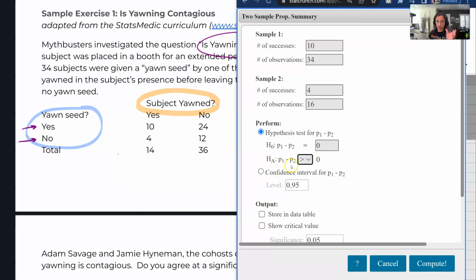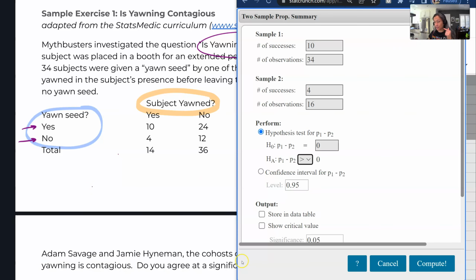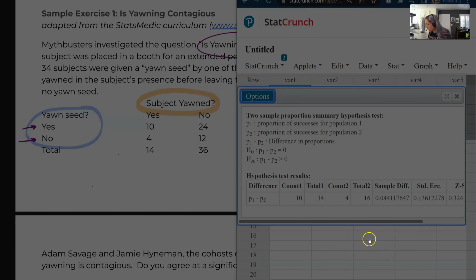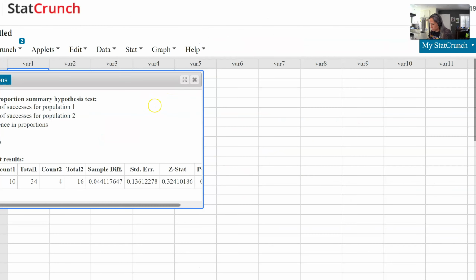So they do it setting up the difference in proportions, which follows more from our sampling distribution, that difference in sample proportions, but the direction of our inequality is the same, whether we set it up like I did or as the difference like StatCrunch does. So compute, there we go. Actually, let me just make this big so I can get the whole thing.